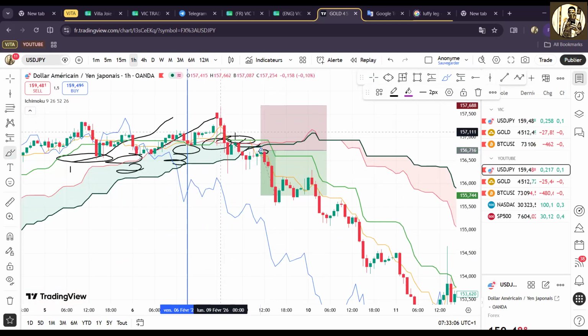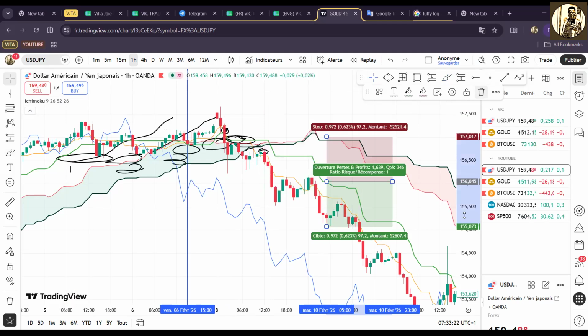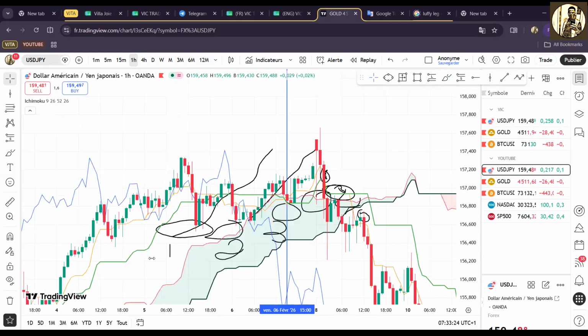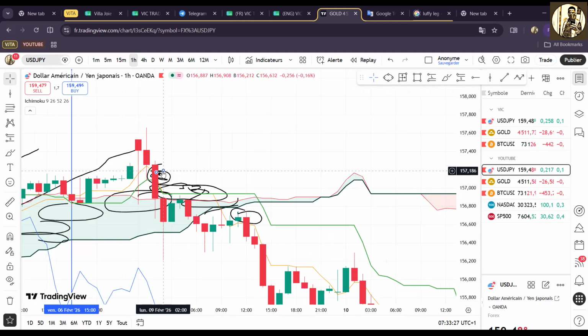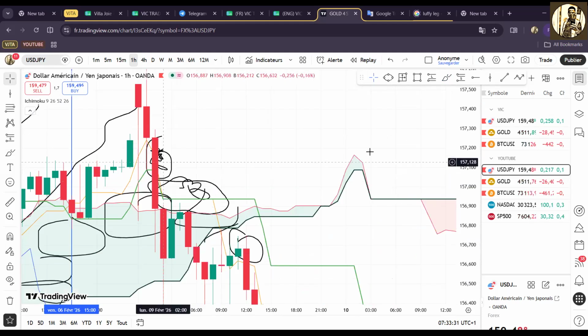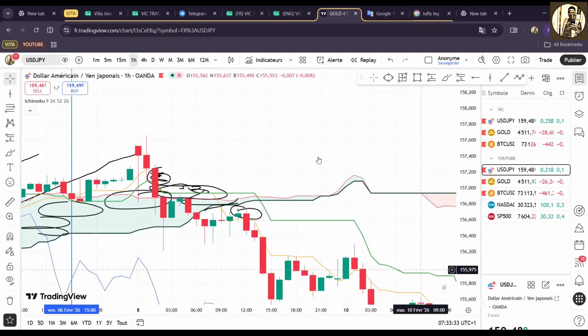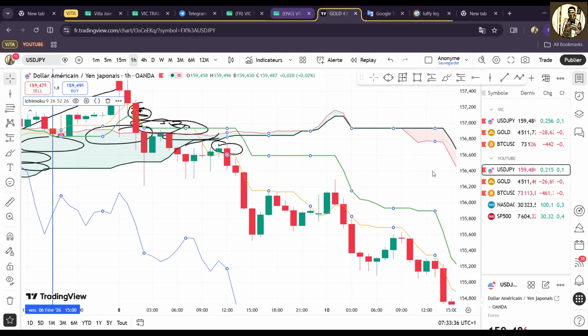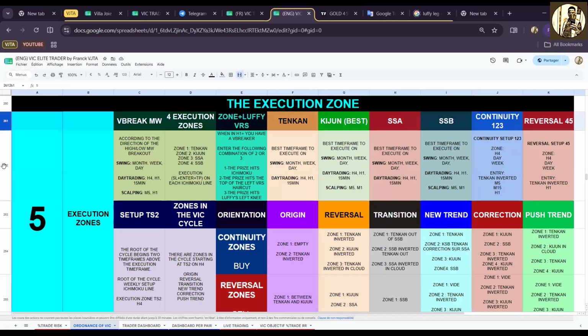But if Tenkan would have been touched maybe here, this one is not that easy to take because the candle at this level is just too quick to fall down. You could have just sold there below. So that's all for the first type of zone.